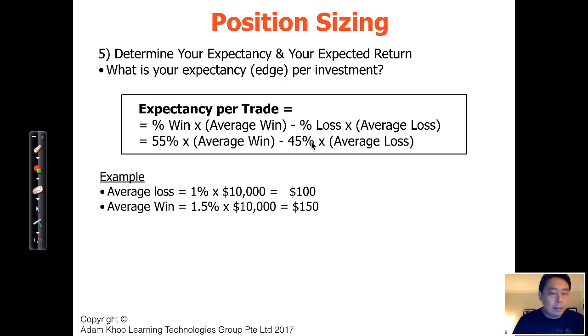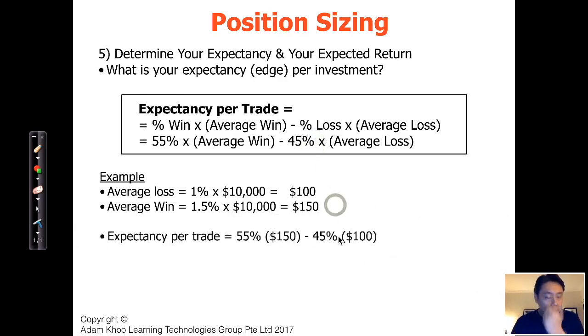So if you plug in the figures, what do you get? Your expectancy per trade will be 55% times $150, which is your average win, minus 45% multiplied by $100, your average loss. If you do the math, that's $82.50 minus $45, that's $37.50 per trade.